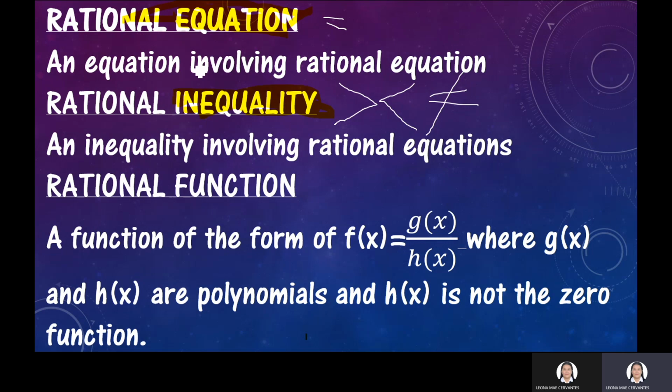Rational inequality, inequality, not equal; it can be greater than, less than, or not equal. Rational function, f of x, as long as g of x and h of x are polynomials.